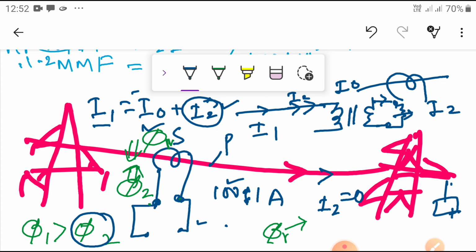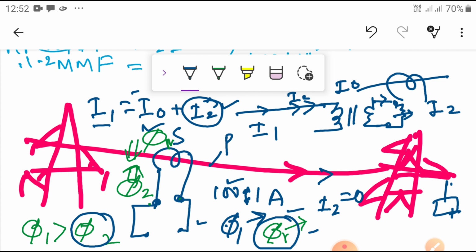Previously, the flux in the core was only phi r, that is phi 1 minus phi 2. In this case, the flux produced in the core is due to phi 1 itself. This is a very large amount. So this large MMF will produce a large flux in the core and will saturate the core itself.